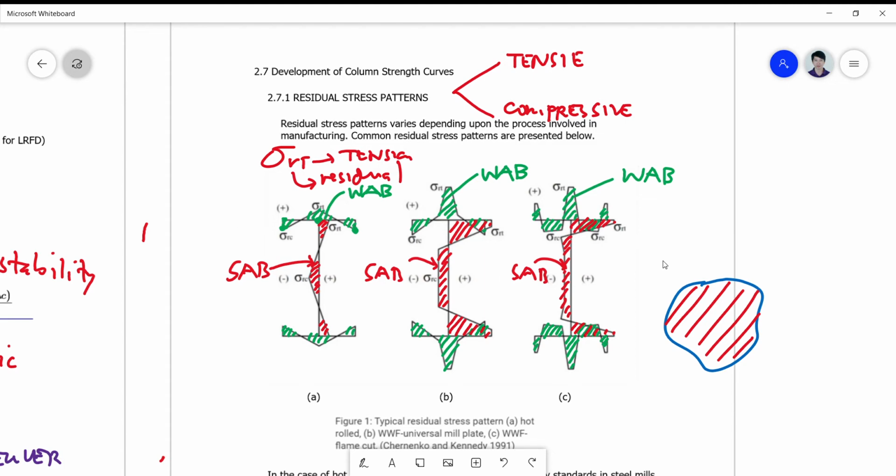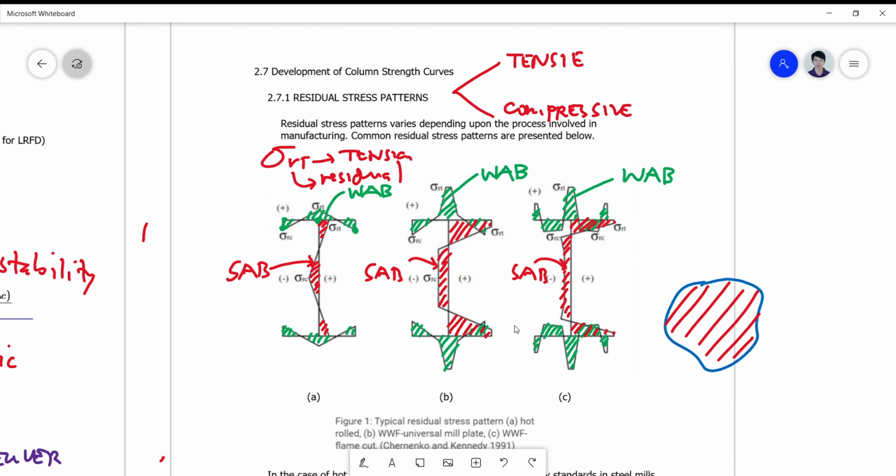patterns are presented below. So for a more accurate consideration of residual stress patterns, it is of course recommended that we use standard shapes, because the processes involved in manufacturing are also standard.